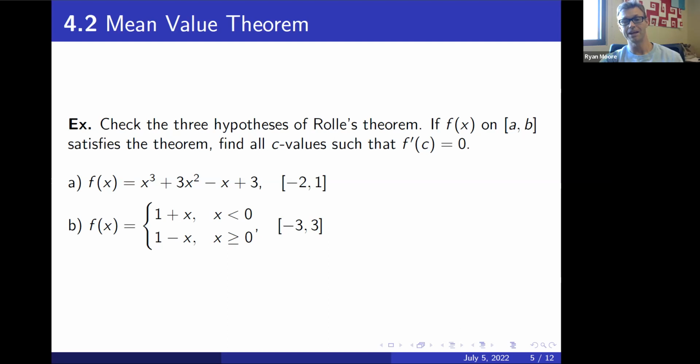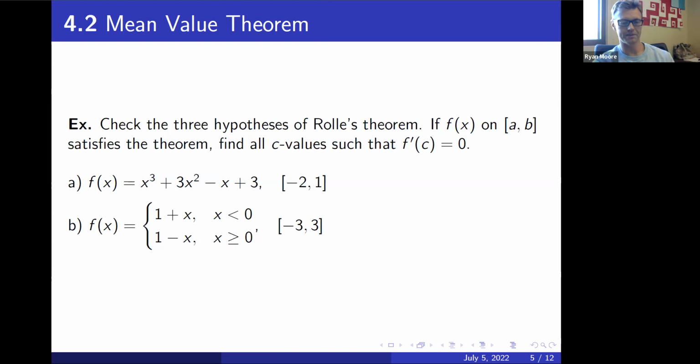We can't make any claims unless we know it's continuous, differentiable, and that the y values of the endpoints are equal. If f of x on [a, b] satisfies the theorem, find all c values that would meet the conclusion where f prime of c is equal to 0.